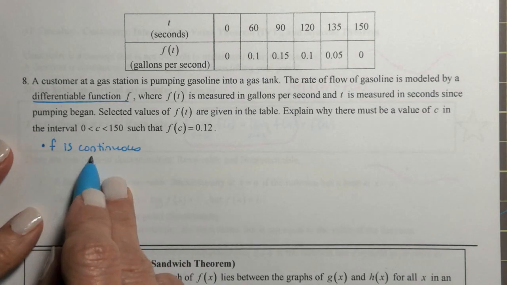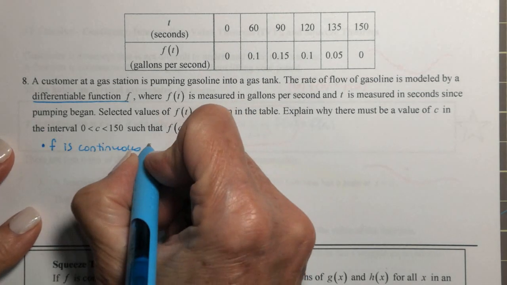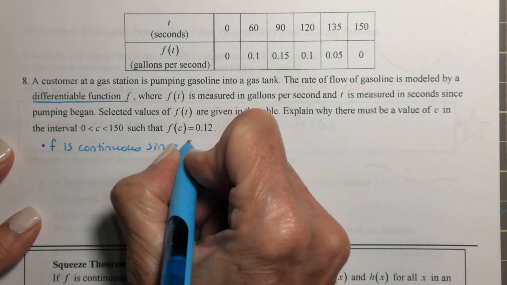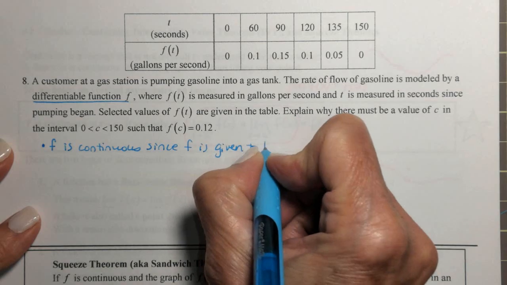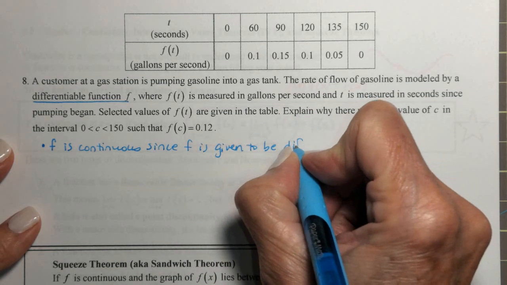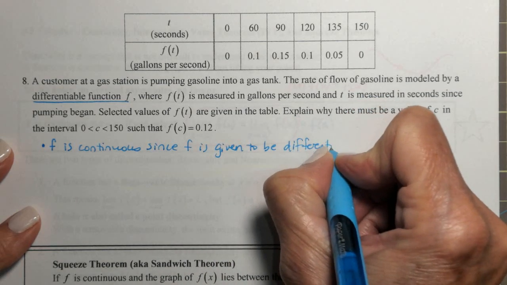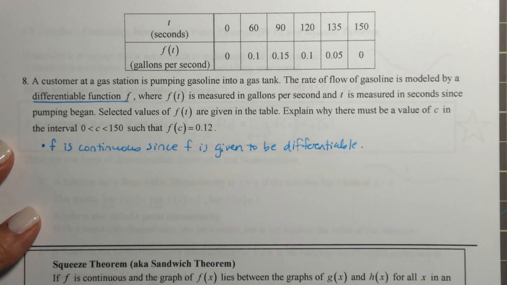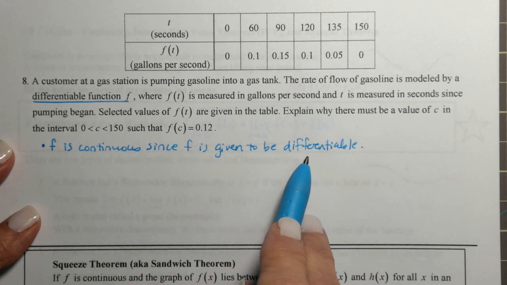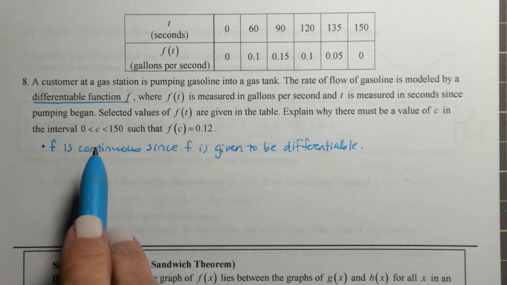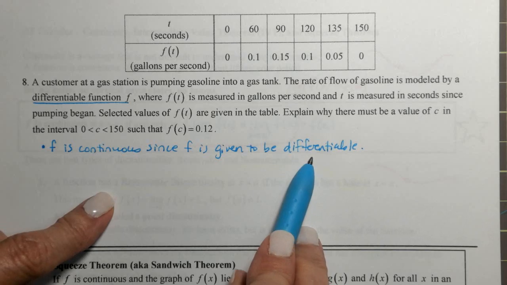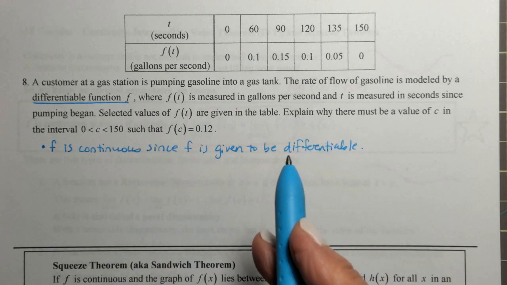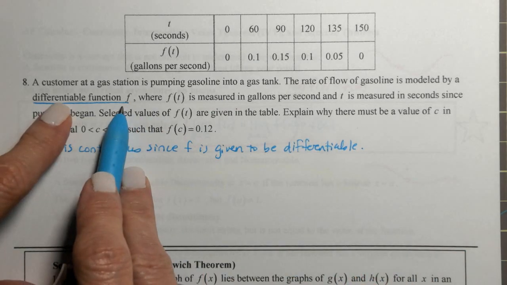So f is continuous since f is given to be differentiable. Okay? Basic condition. And you say what it was given to be. You do not say that since f is given to be continuous, because f was not given to be continuous. f was given to be differentiable.